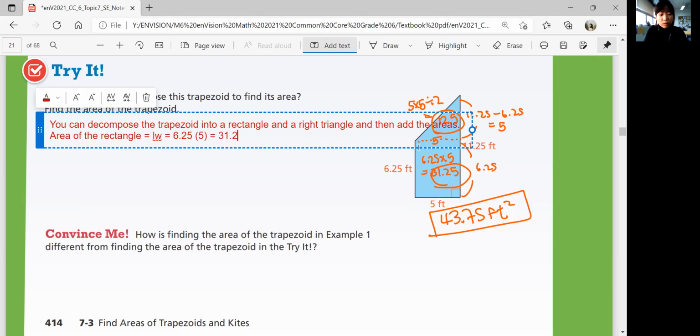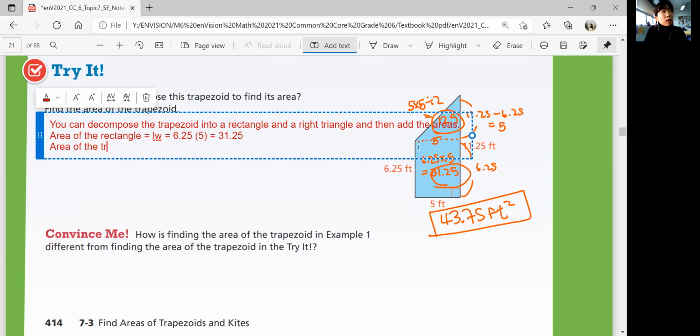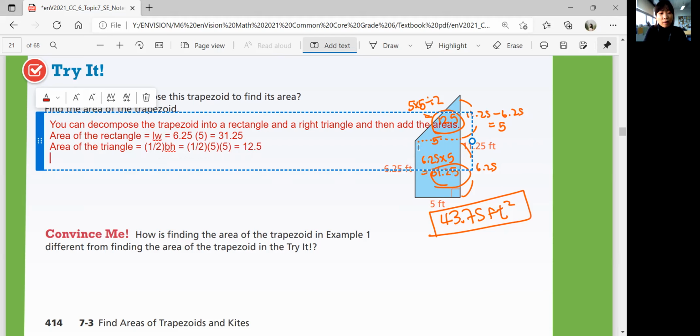So that's 31.25. The area of the triangle is 1/2 base times height, 1/2 times 5 times 5, which is 12.5. And so the area of the trapezoid is 31.25 plus 12.5, which is equal to 43.75. There we go.